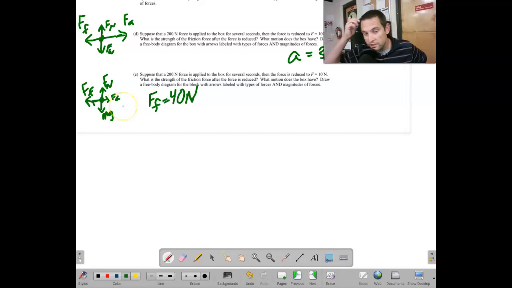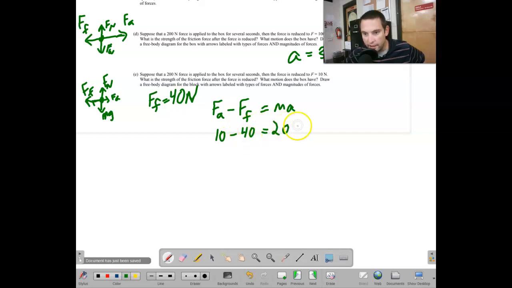This applied force is in the direction of the motion still, right? So it would be the applied force minus your frictional force equals mass times acceleration. So we're going to start with 10 minus our frictional force, which is 40, equals 20A.